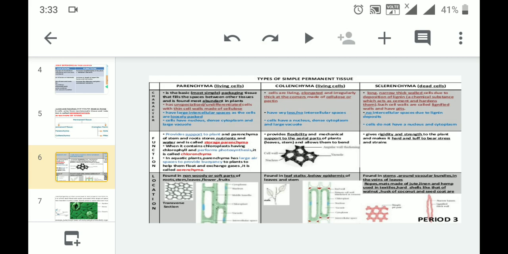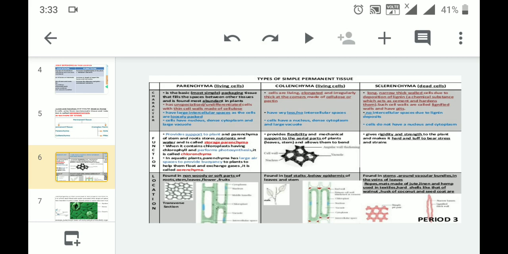In parenchyma, the cells are unspecialized or undifferentiated cells with a thin wall made up of cellulose.